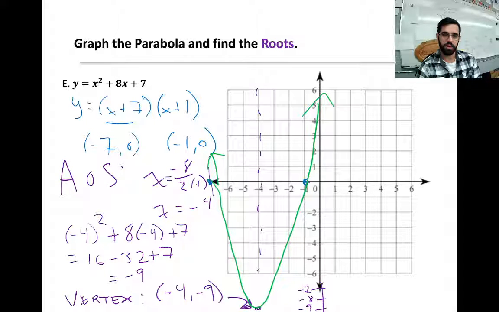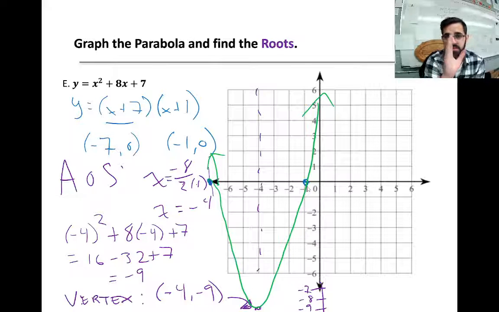Okay, graphing a parabola. We still want to graph a parabola in 5 points, and we still want to start at the axis of symmetry, but now we have a second entry point into a parabola. We can factor x squared plus 8x plus 7. It's (x plus 7) times (x plus 1), which means that (negative 7, 0) and (negative 1, 0) are the x-intercepts.